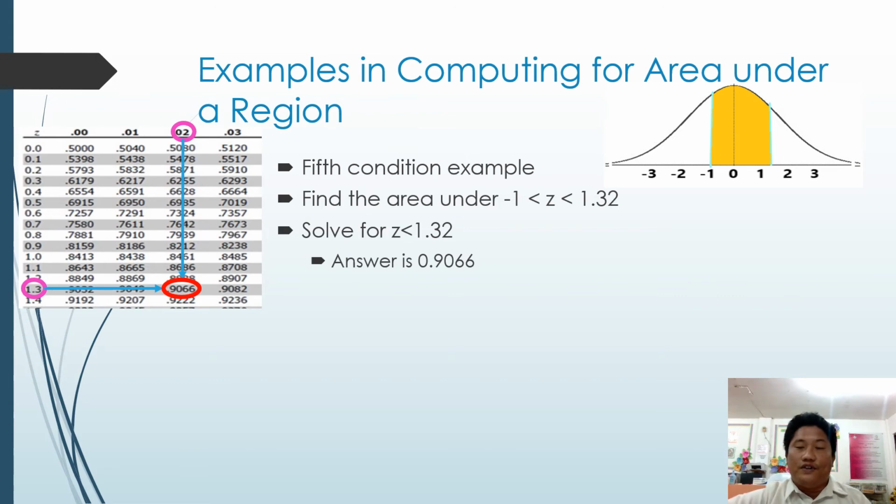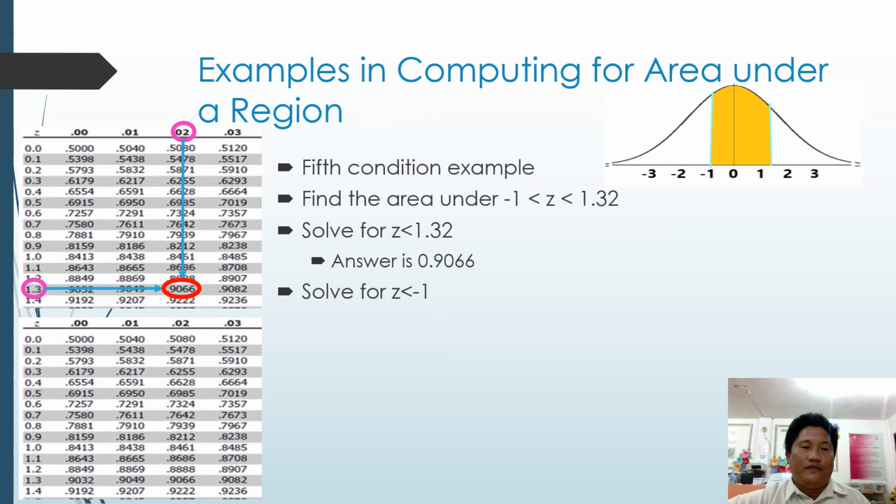So we just automatically get the answer based on the given values on the table. Then let's solve for z less than -1. This is under the second condition. So -1 on the first column, then on the row which is 0, we have 0.8413. So we subtract that from 1. 1 minus 0.8413, the answer is 0.1587.